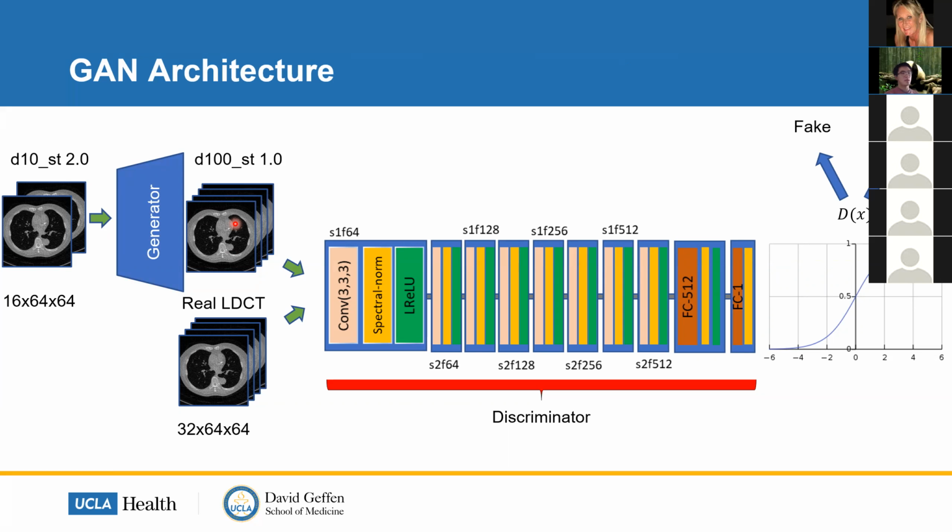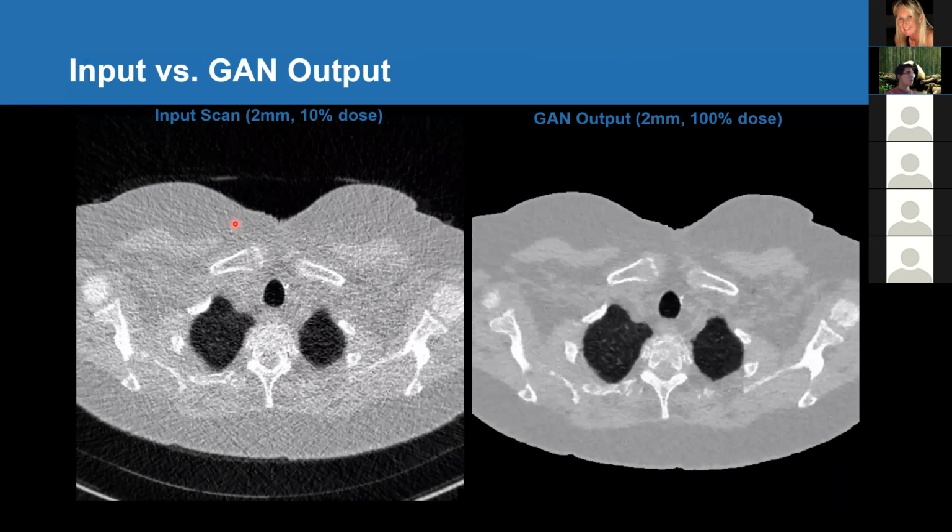However, as you can imagine, GAN is very difficult to train due to the adversarial nature. There are two networks fighting against each other constantly. So here we also use a spectral norm layer in the discriminator network to stabilize the training. And next slide, I'm showing some results.